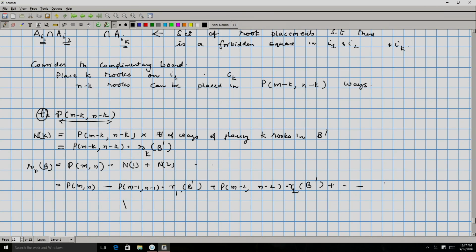So, if we can compute the rook polynomial of the complementary board, or the number of ways of placing rooks on the complementary board, from that count we can compute R n B by using the principle of inclusion exclusion. Okay, we will stop here.